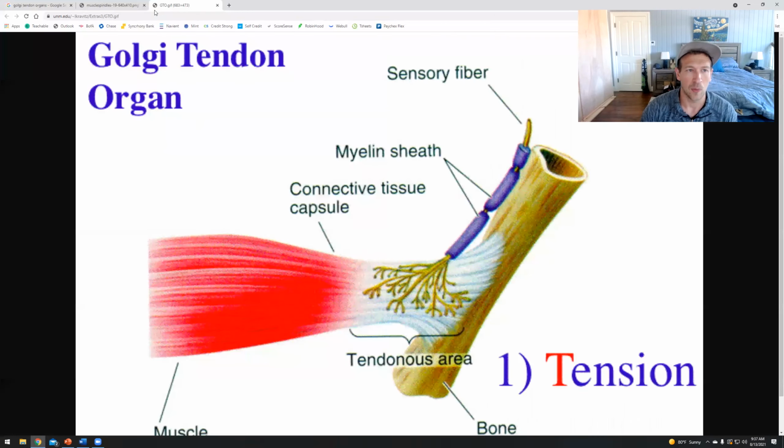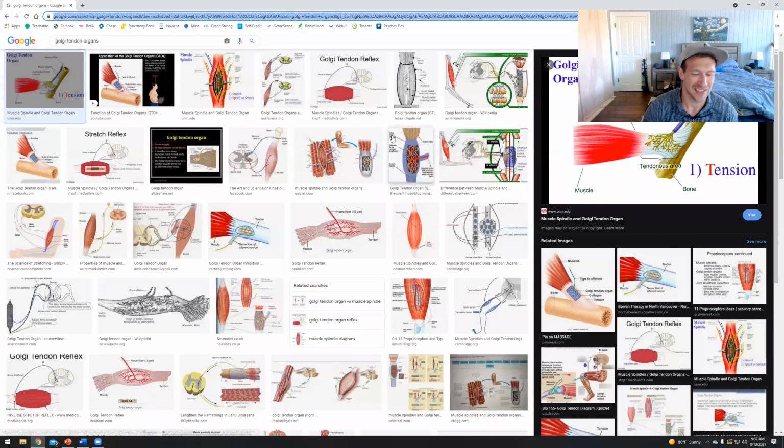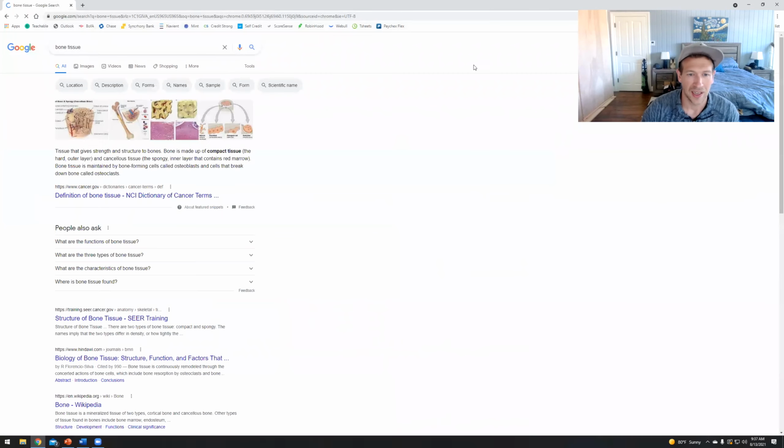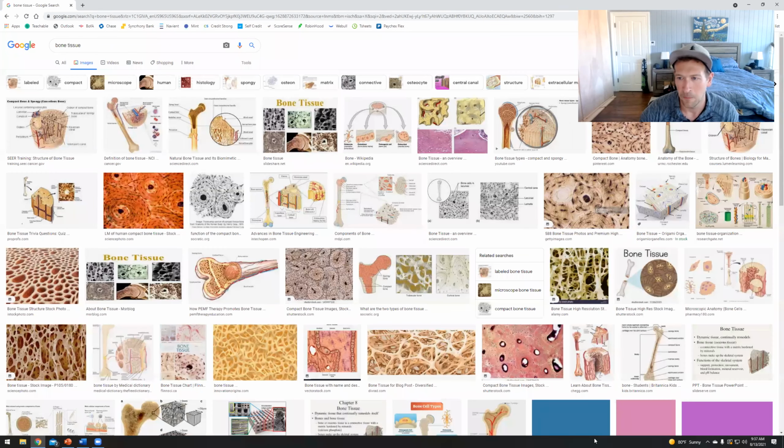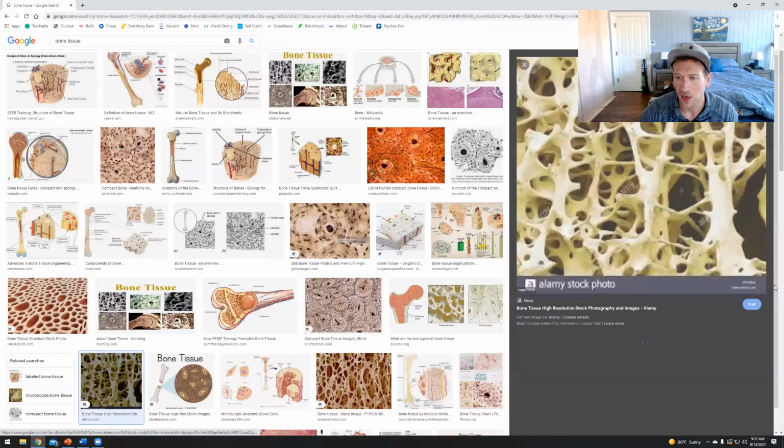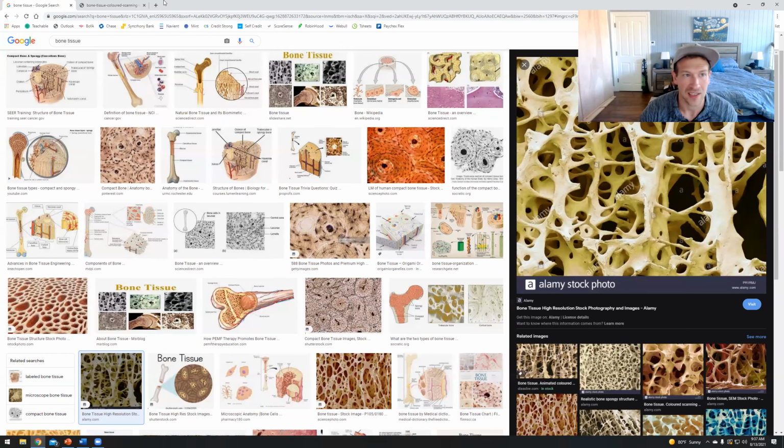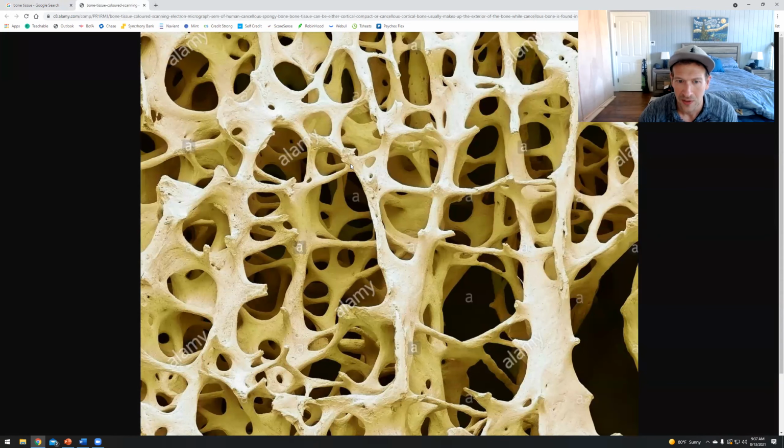We were looking at this. I pulled this up in the evening class. Let's see here. Bone tissue. I hope I get the right picture again. But when you look at bone tissue, it's all these little tiny pieces here. I think it was this one. Oh, no, there it is.